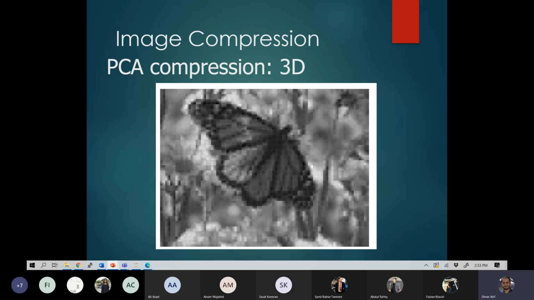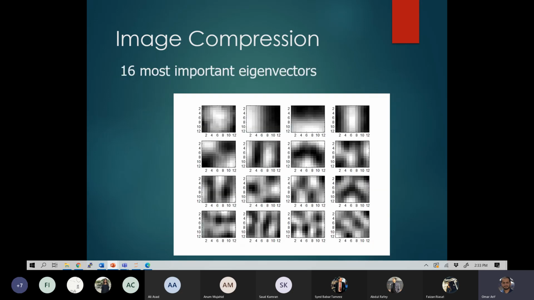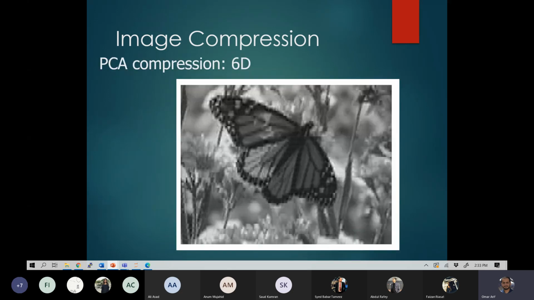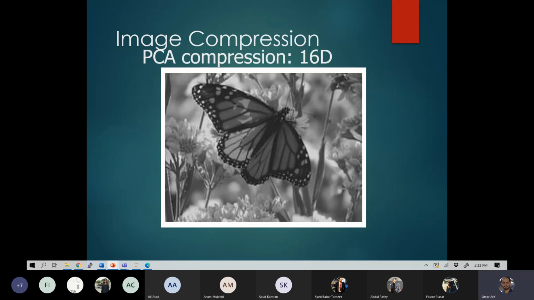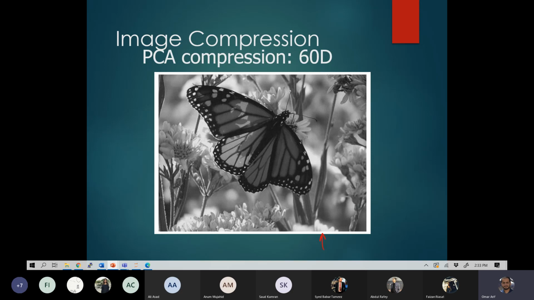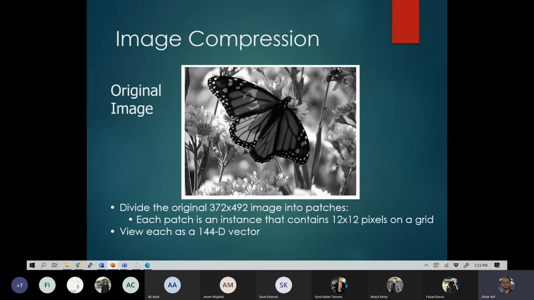So much better than sending the first 3 columns of the original image, right? After that, once you send 6, this is the image you obtain. When 16 are transmitted, a much better image, 60 much better, and then finally you can get the original image.